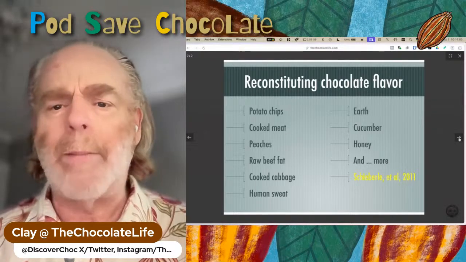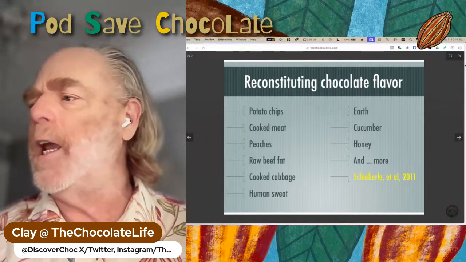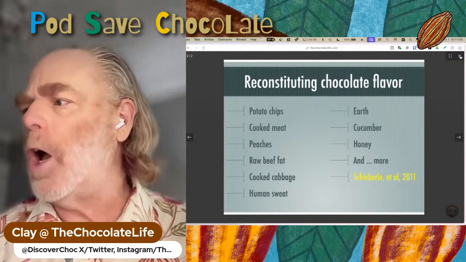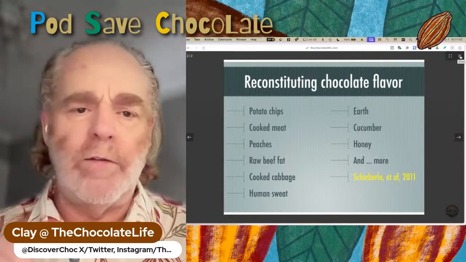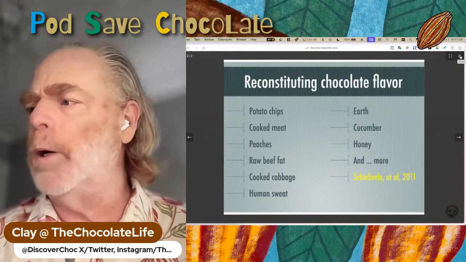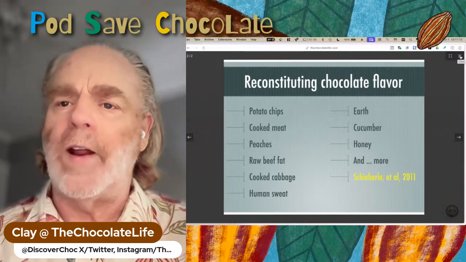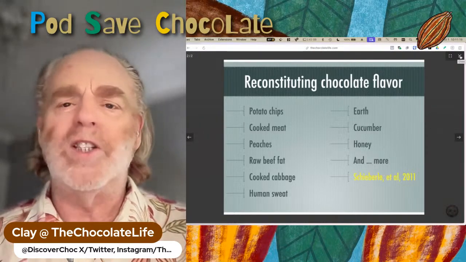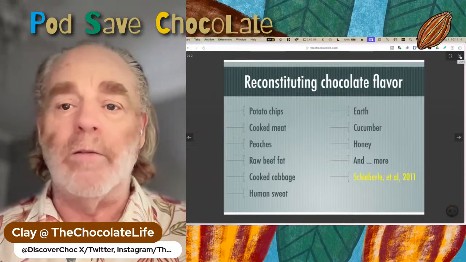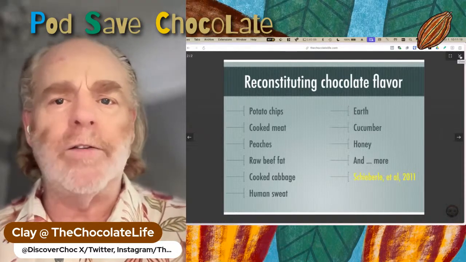How does that happen? But we can think of the flavor of chocolate in terms of not just the individual chemicals which compose it, but these higher level flavor groupings. And we do that. We say that something reminds me of red fruit or something is a honeyed flavor, right?